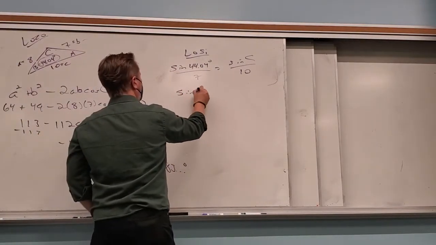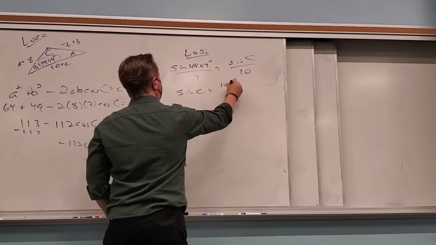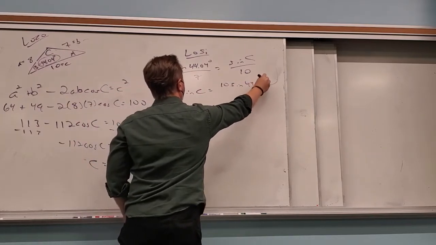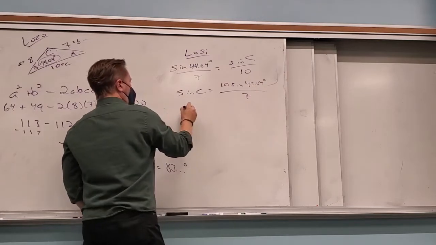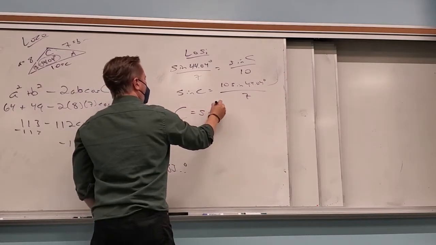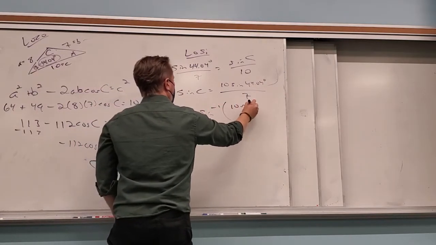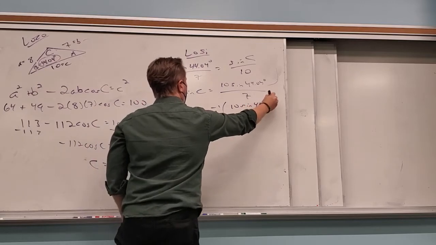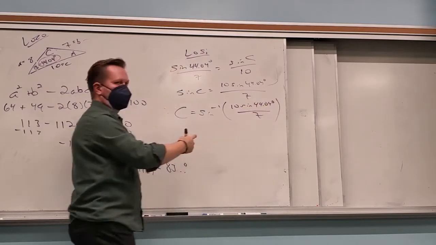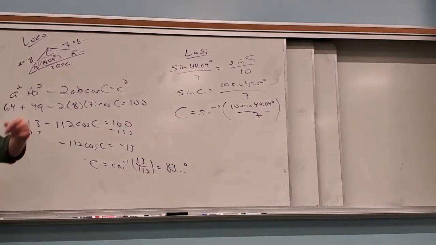So I get sine C equals 10 sine 44.04 divided by 7. So again, angle C is inverse sine of this mess. I can plug all of that in the calculator at one time. I try to plug as much as I can at one time in the calculator so I don't have to write all the decimals for every step.